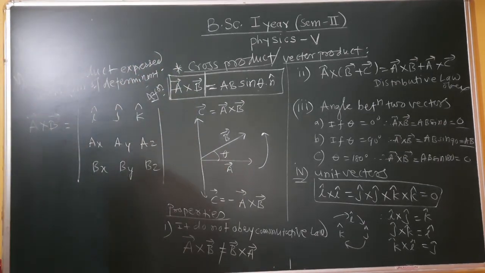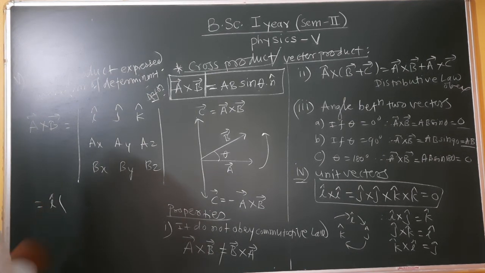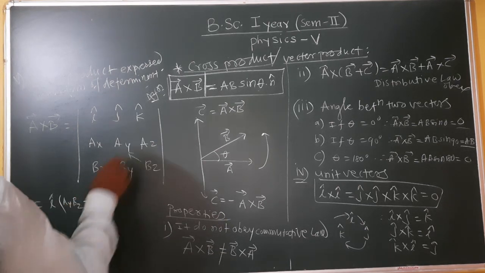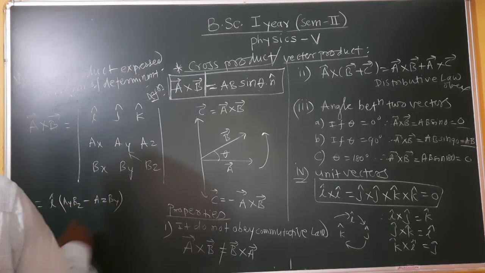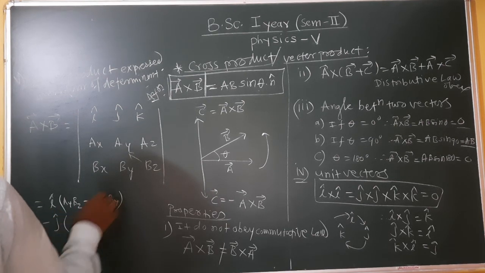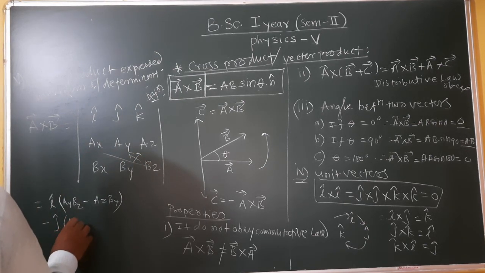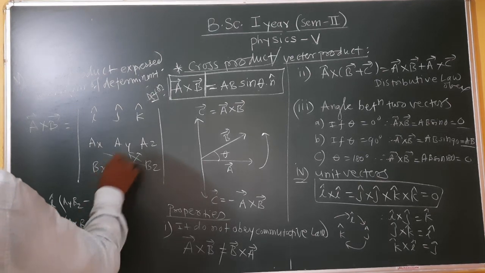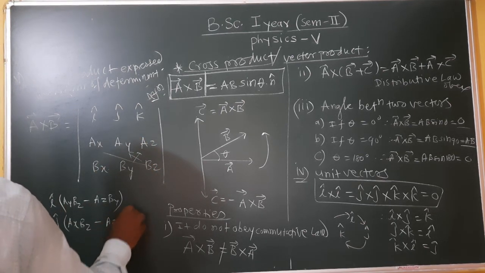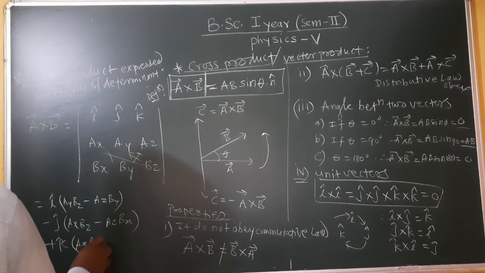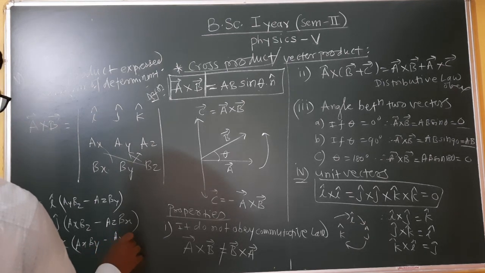How can the determinant be solved? First of all, take i cap in the bracket: multiply AY BZ minus AZ BY. Second, with a minus sign, j cap in the bracket: AX BZ minus AZ BX. And the third one, plus k cap in the bracket: AX BY minus AY BX.